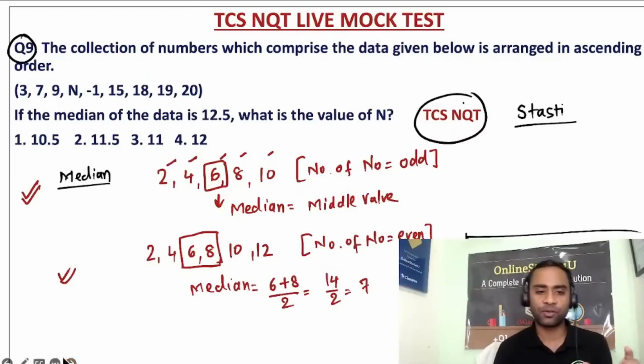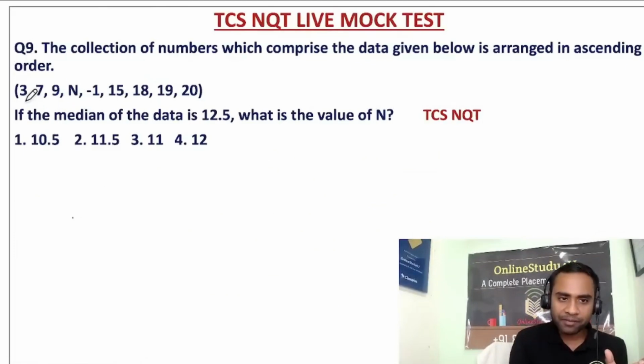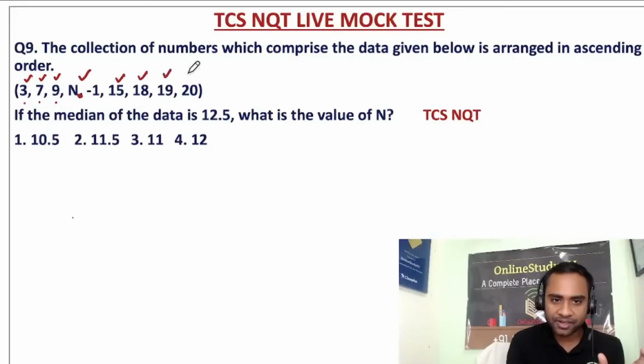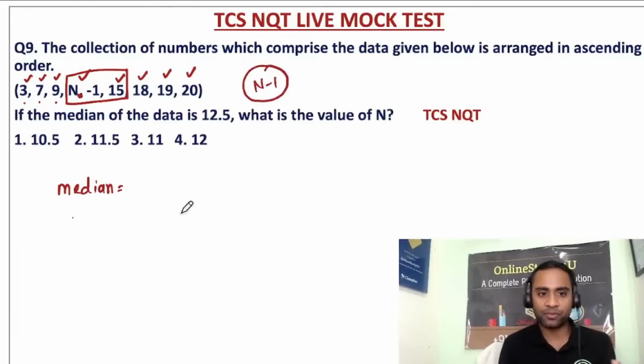Now I will solve this particular question. Here we have 3, 7, 9, and so on. Sorry, it was n minus 1. Counting 1, 2, 3, 4, 5, 6, 7, 8, the median will be the two middle values.